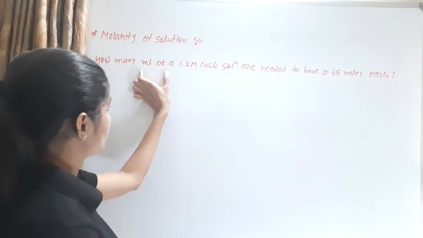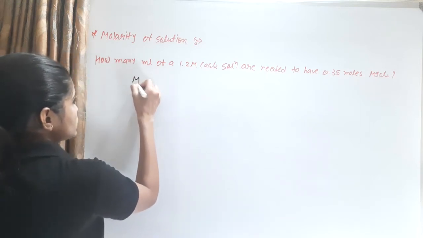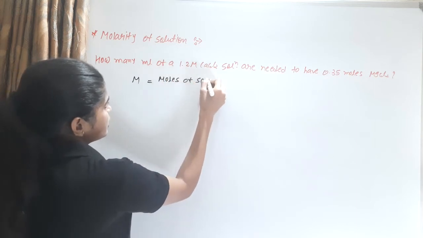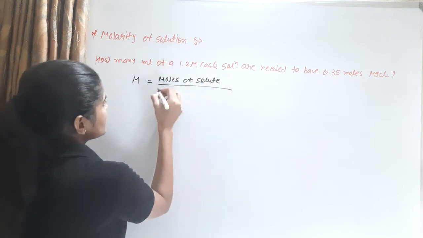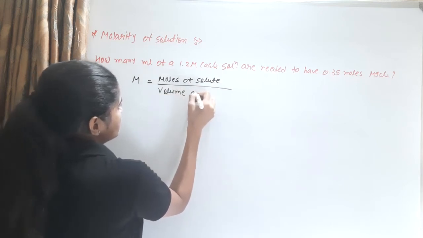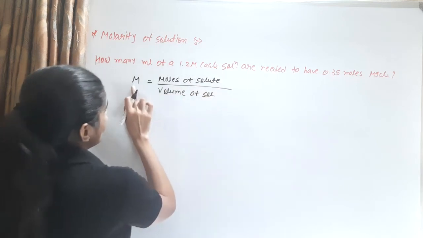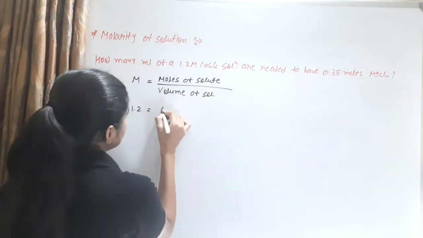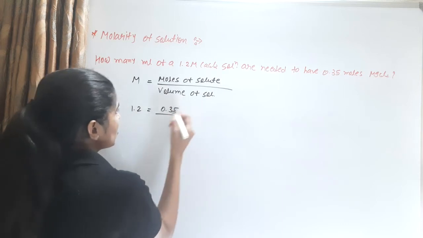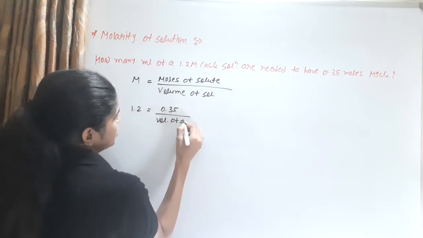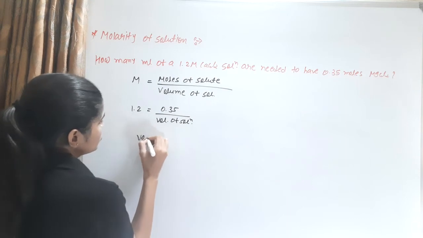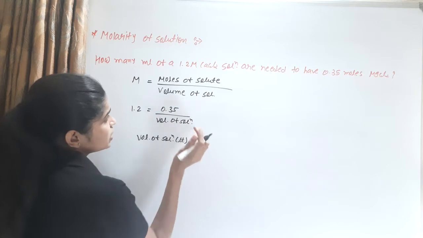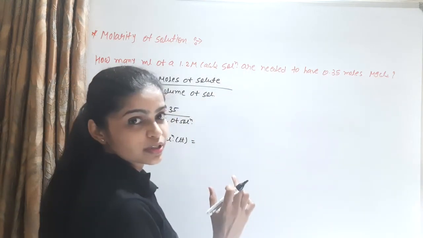Example: how many ml of 1.2 molar CaCl2 solution are needed to have 0.35 moles of MgCl2? First, molarity is equal to the moles of solute divided by the volume of solution. Molarity given is 1.2 and moles of solute is 0.35. So we find the volume of solution, in liters, because no particular ml conversion is needed.